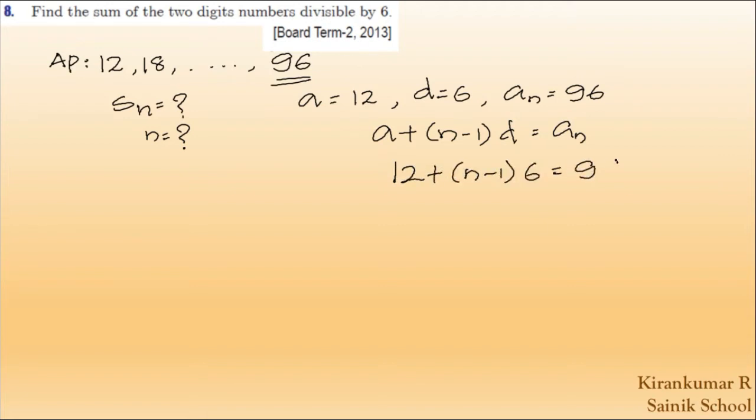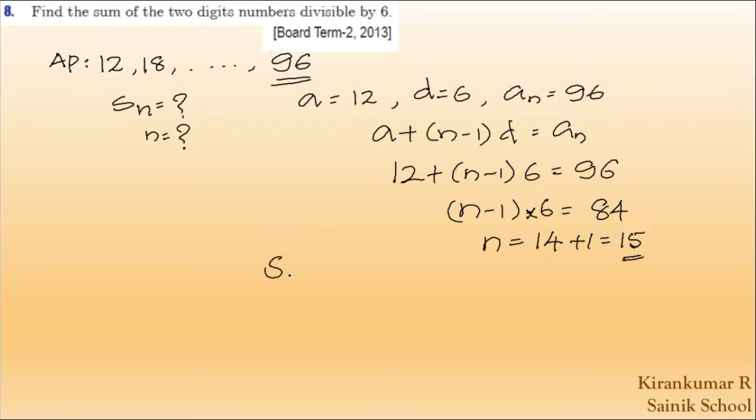So (n - 1) into 6 will be 84. So n will be 84 by 6, which is 14, added to 1, 15.